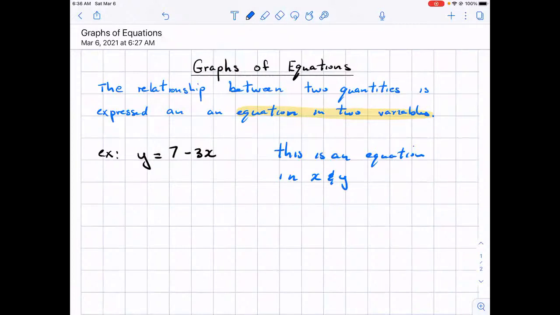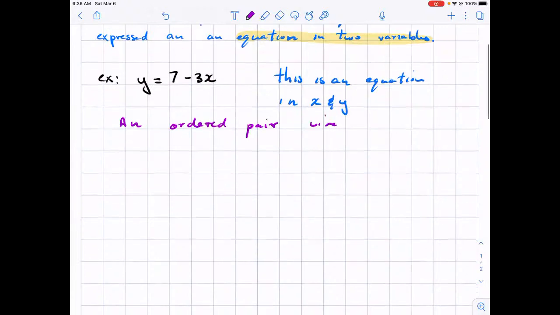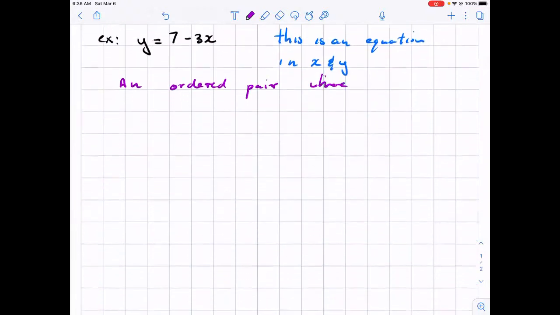An ordered pair where x can be some number and y can be some number will result in a true equation. So an ordered pair where x is equal to a and y is equal to b results in a true statement.